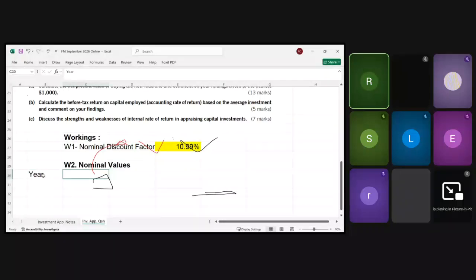Year 0, 1, 2, 3, 4. 4 years. Okay, selling price. So I can just put SP per unit. So my selling price per unit is $12.